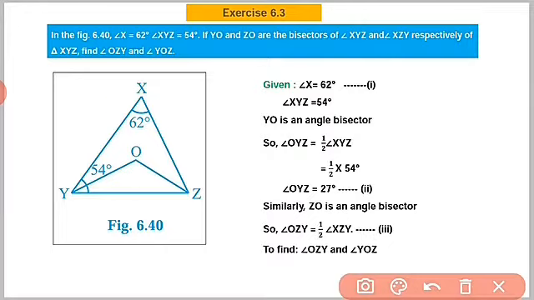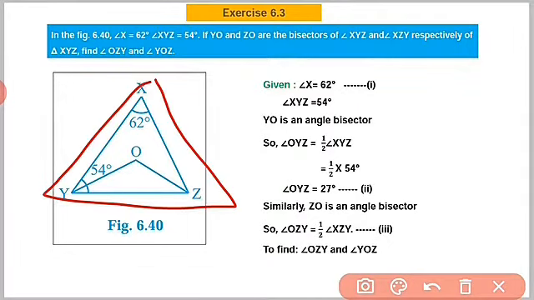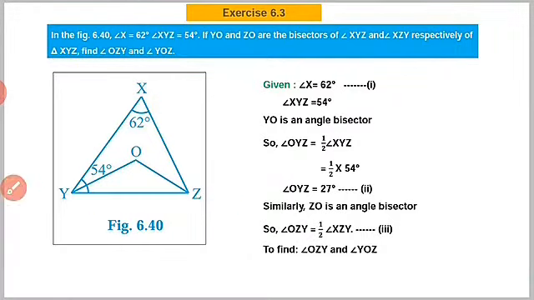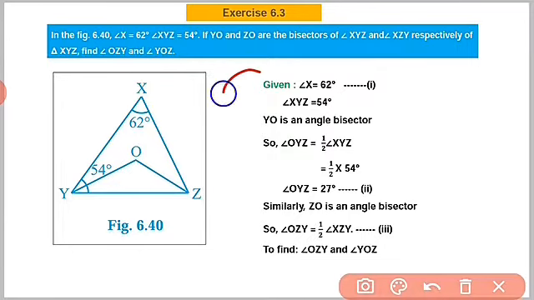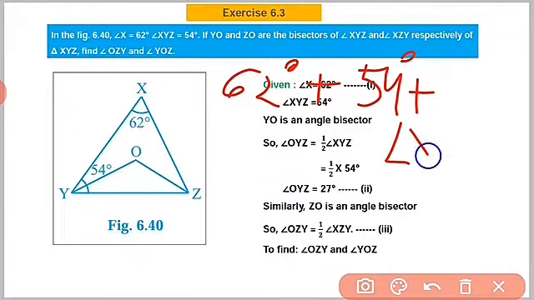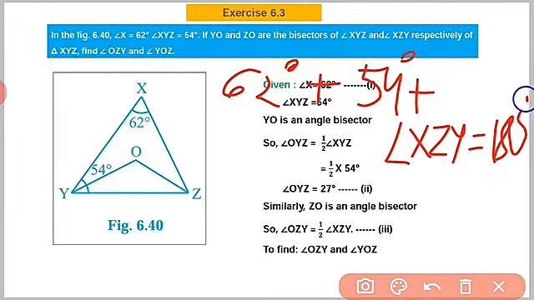So children, let's take the triangle XYZ. In this triangle, two angles are known, that is 62 degree and 54 degree. We can find the third angle by using angle sum property. So when we add 62 degree plus 54 degree plus angle XZY is equal to 180 degree.